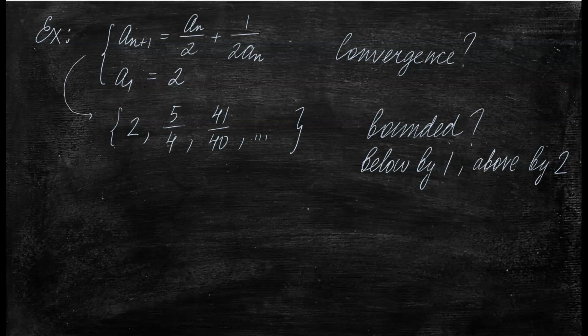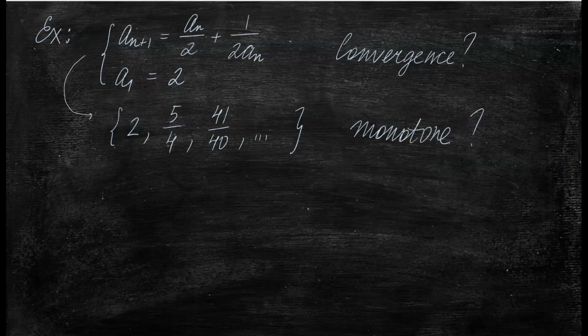Why would it be bounded above by 2? Because as you can tell, 2 is the largest term, and I guess it does make sense to analyze the monotonicity of this sequence first. So let's answer these questions first. Is this monotone?